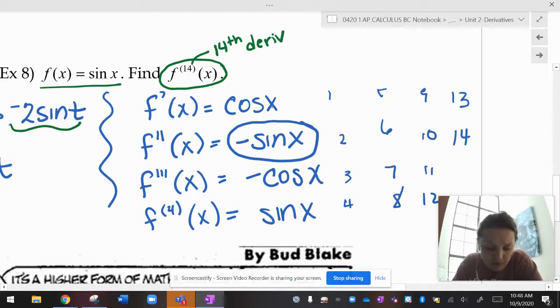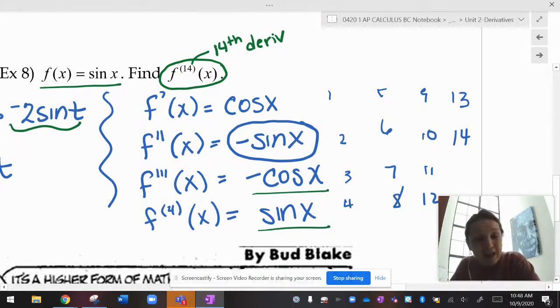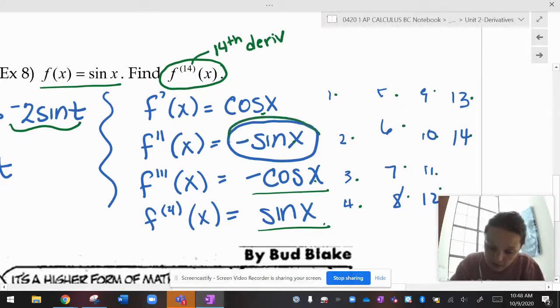The second derivative would be the derivative of cosine, which is negative sine. The third derivative, negative cosine. The fourth derivative, I'm back to sine. So it's a lot like the i cycle, where this goes through in fours. So if I want the 14th derivative, 1, 2, 3, 4, 5, 6, 7, 8, 9, 10, 11, 12, 13, 14, I'm at negative sine x.